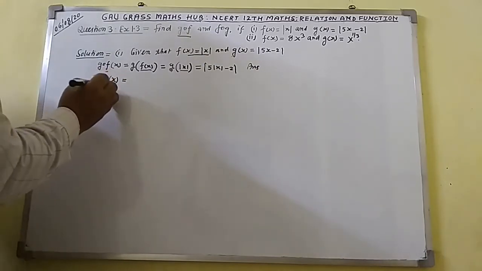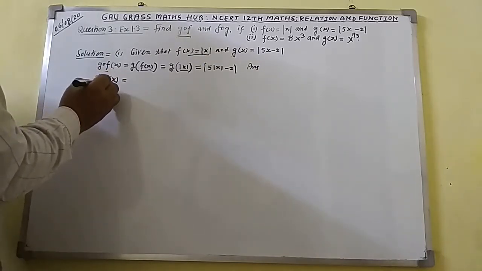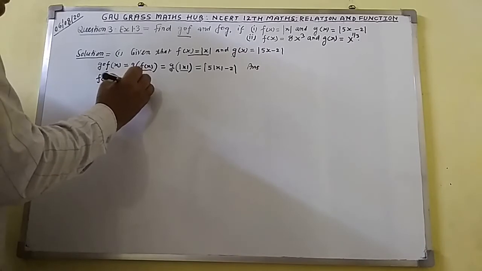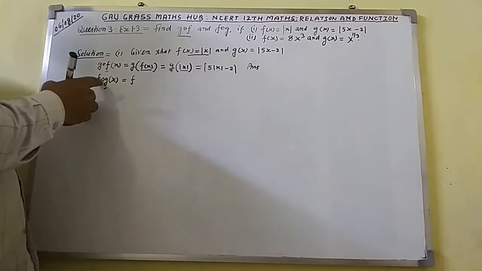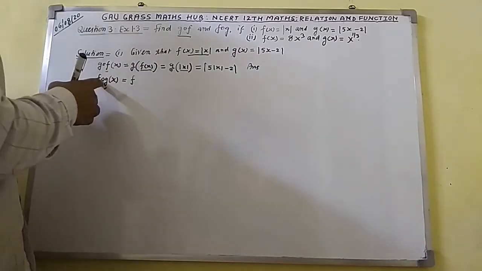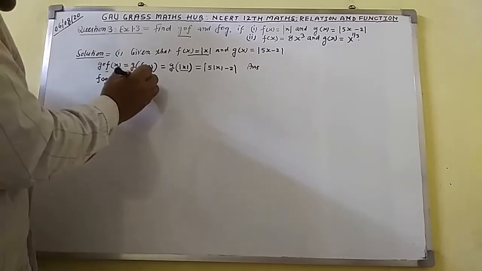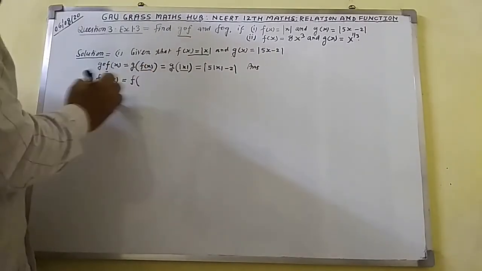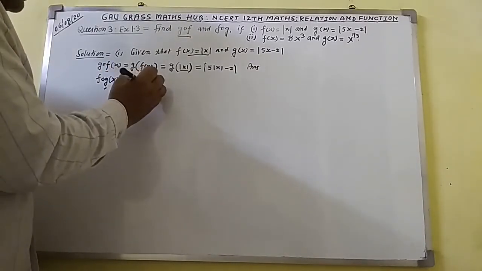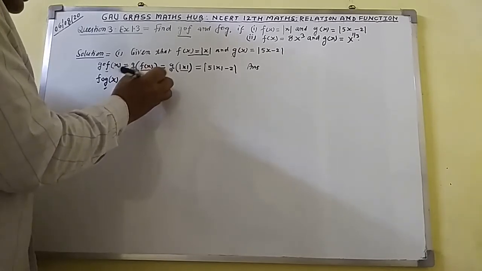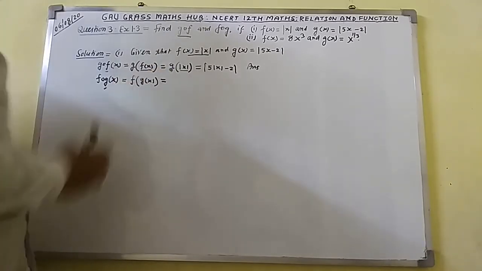So this will become: the first letter f is there. In place of the small o, write a half circle bracket. Inside write g(x) equal to.